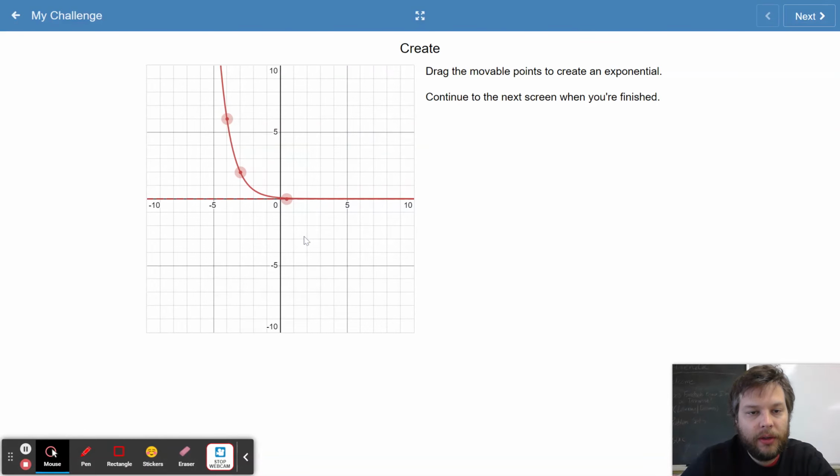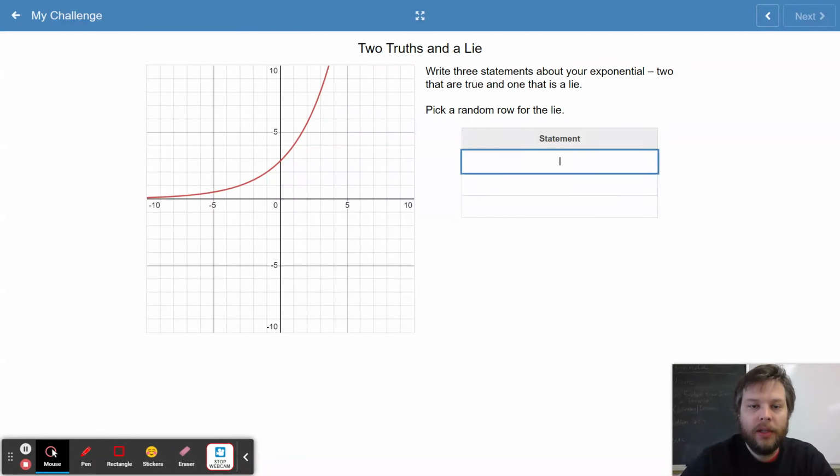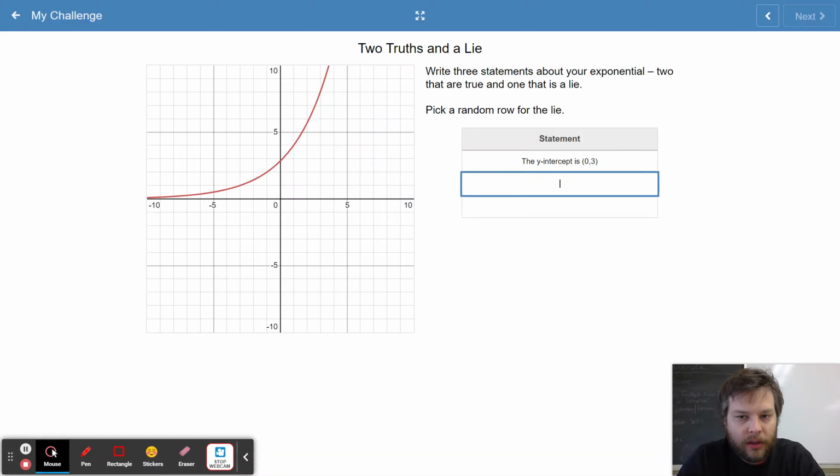So maybe let's do it this way. Okay, now we get to write our two truths and a lie. Let's say that one statement is the y-intercept is (0, 3).